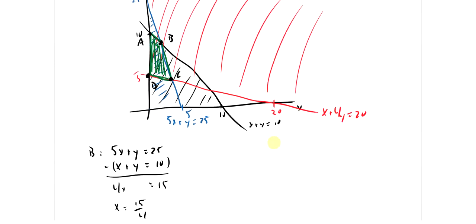Likewise, the point C is the point of intersection of this red line, x plus 4y equals 20, and the blue line, 5x plus y equals 25. So I can multiply the top by 5.